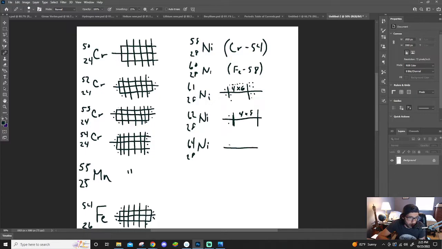And then this one, 4 by 8. Filling in the back of the spine, and there we go. We're through nickel.